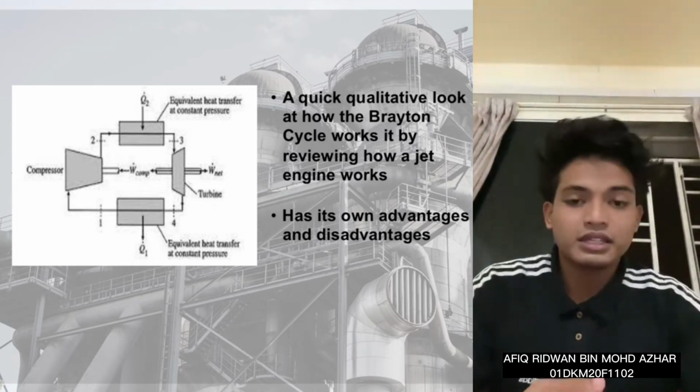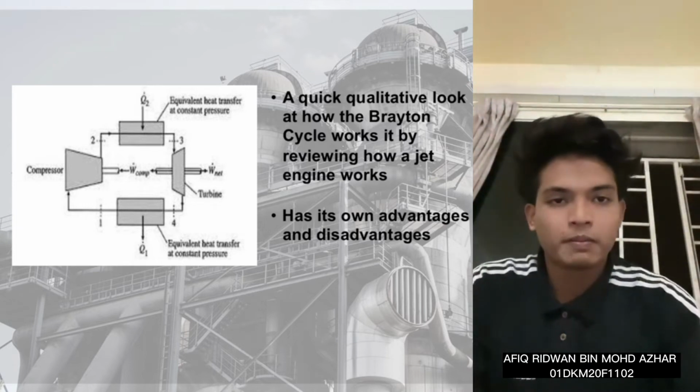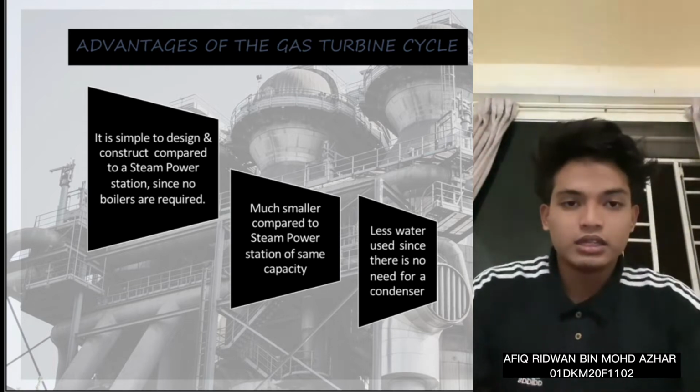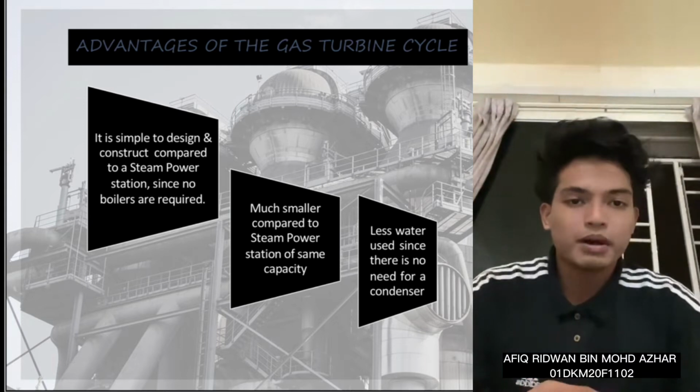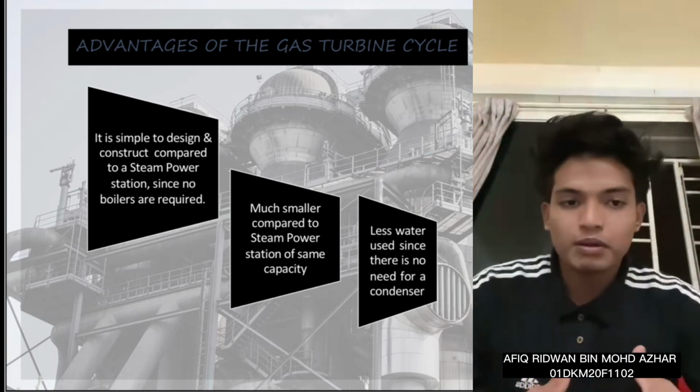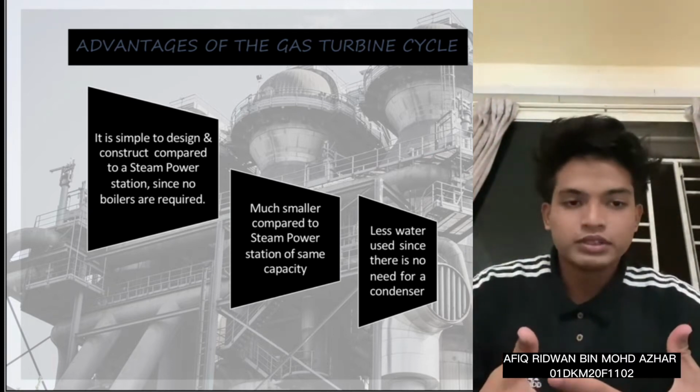The advantage of the gas turbine is that it is simple to design and construct compared to a steam power station since no boiler is required. It is much smaller compared to a steam power station of the same capacity.